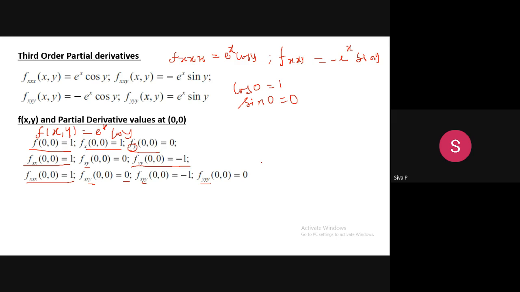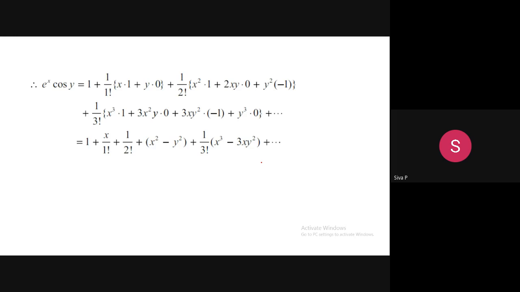So after finding these values, you have to substitute those values in the Taylor series. Already you have written the Taylor series. So for e power x cos y, the first value is f of 0 comma 0. That value is 1. Then 1 by 1 factorial into fx of 0, fx of 0 value is 1, fy of 0 value is 0.